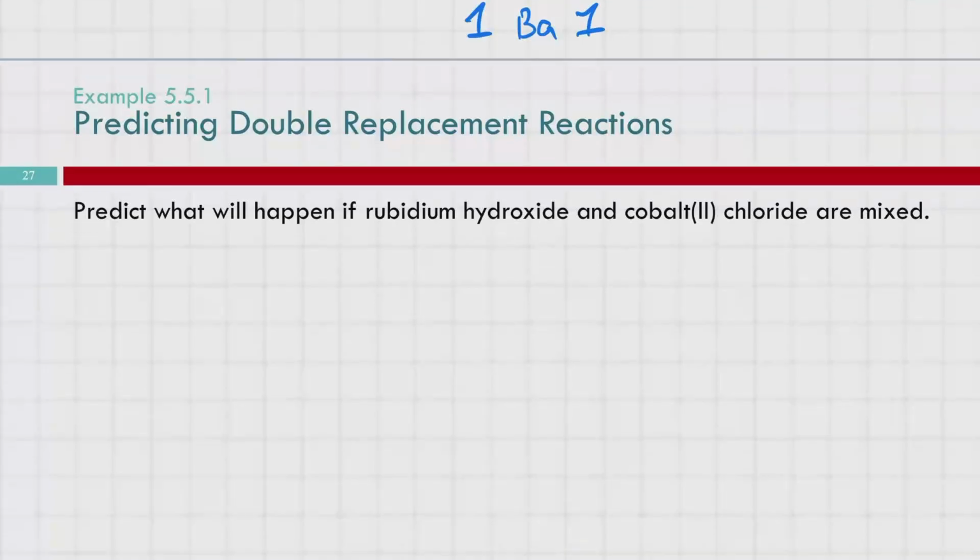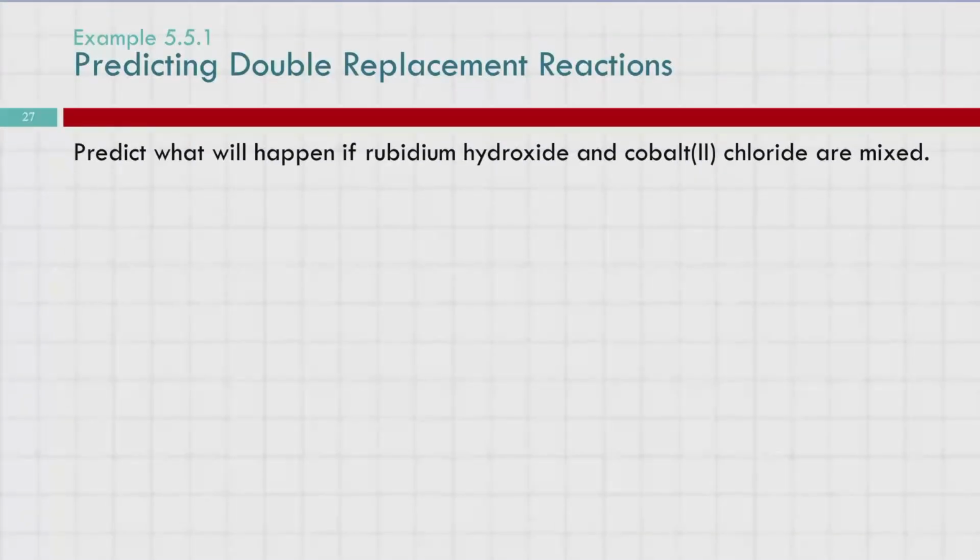And this is one for us to try. Predict what will happen if rubidium hydroxide and cobalt-2 chloride are mixed. What I'm looking for is a balanced chemical equation.